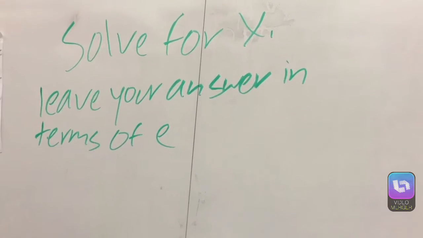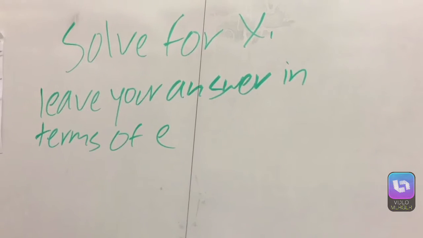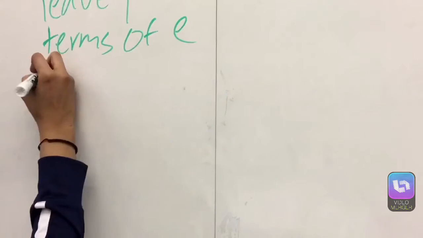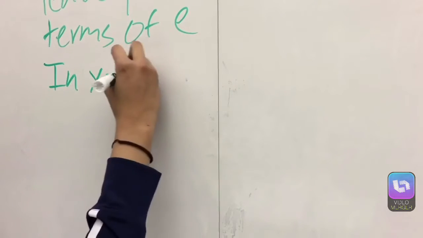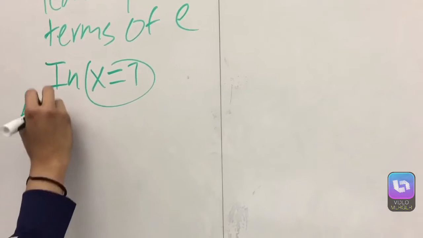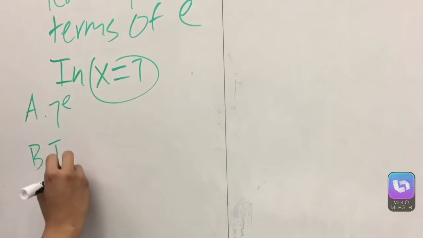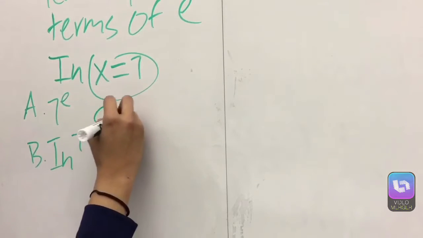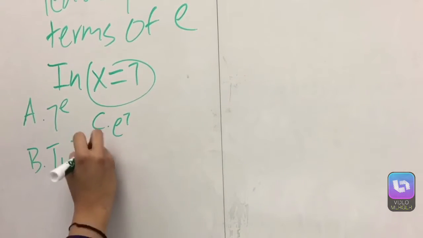Let's look at this example. Solve for x. Leave your answer in terms of e. Find the answer to natural logarithm of x equals 7. Is it A, 7 to the e power, B, natural logarithm to the 7th power, C, e to the 7th power, or D, 7 to the e power?